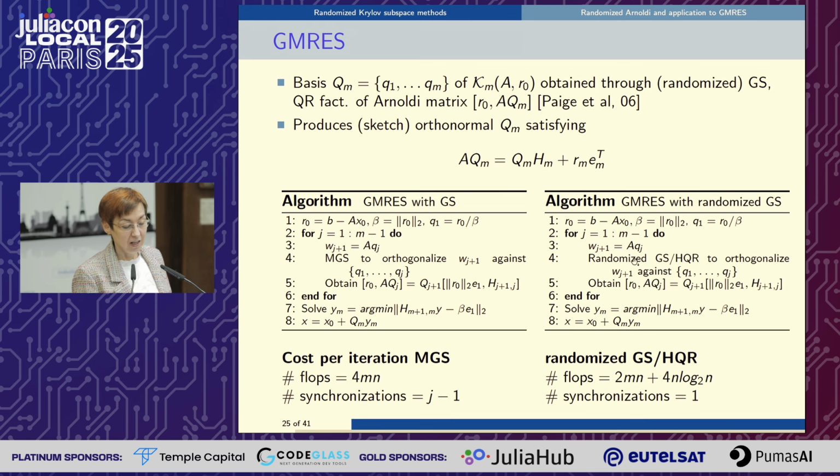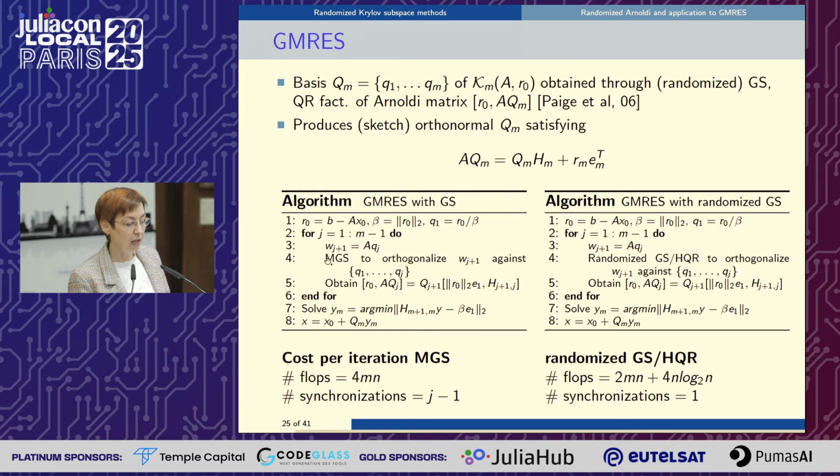In the randomized GMRES, what we do is replace the orthogonalization process with a randomized orthogonalization process. We can have better stability, and we can also save in terms of floating point operations.